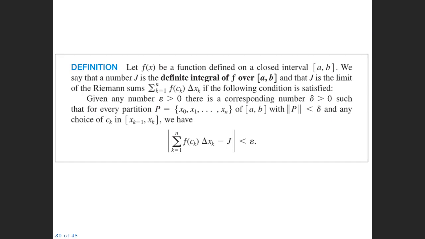Your textbook describes this in a slightly more complicated way, because your textbook defines the definite integral in terms of epsilon and delta. Let's just go through that briefly. Let f be a function defined on a closed interval from a to b, and we say that a number j is the definite integral of f over ab, and that j is the limit of the Riemann sums if the following condition holds.